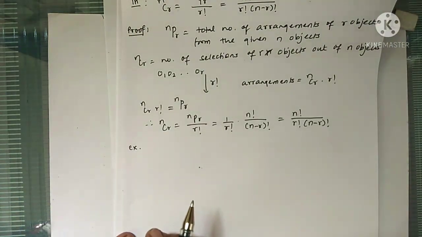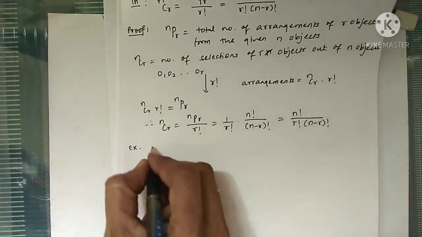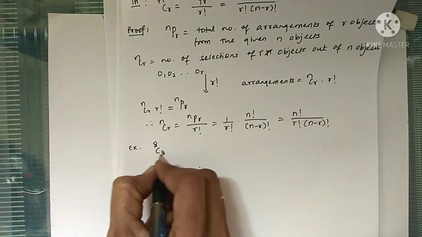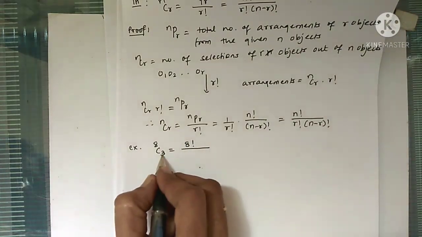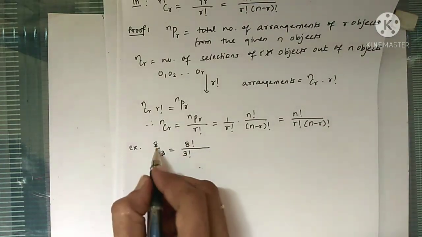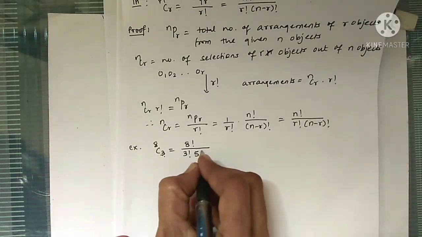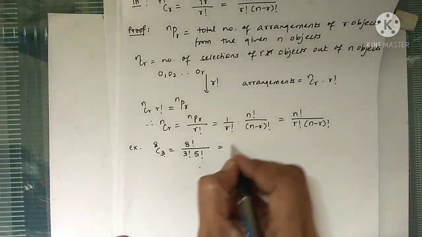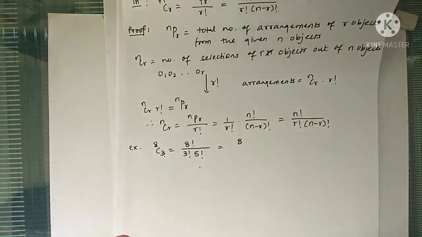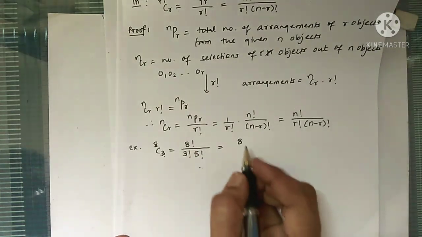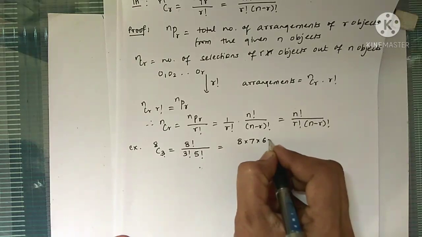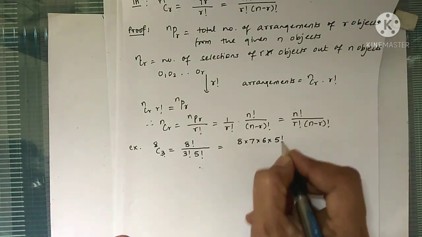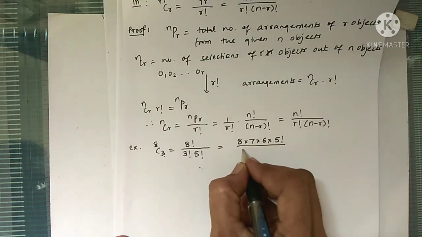First of all, let's find the value of 8C3. Now 8C3 is 8 factorial, first we write the factorial of this number, then 8 minus 3, that is 5 factorial. Now we can write 8 up to 5 factorial: 8, 7, 6, 5 factorial divided by 3 factorial.